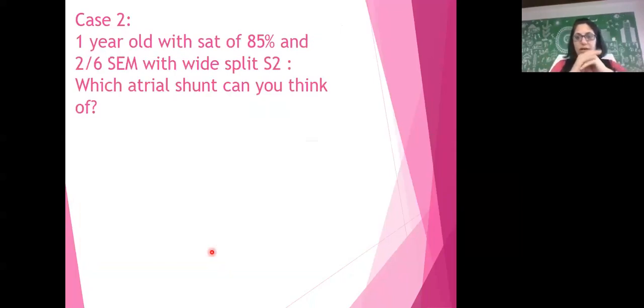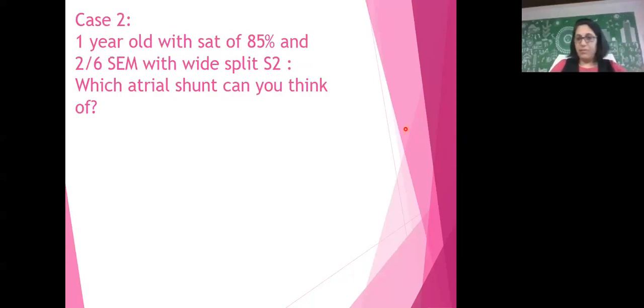Now, it's a 1-year-old. 2/6 systolic ejection murmur, wide split second heart sound. So clinically it is ASD, but you have checked saturation. Saturation 85%. Now what do you think? This is a 1-year-old, so we are not saying he's got Eisenmenger's, right? So what can give you features of ASD, but he is blue?